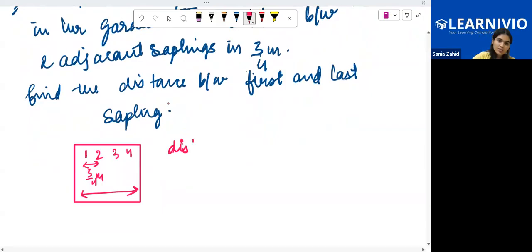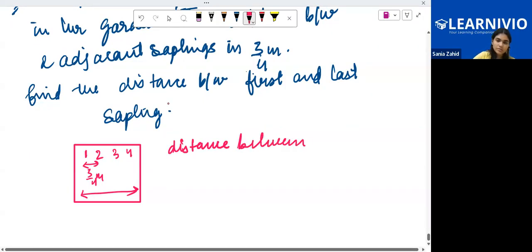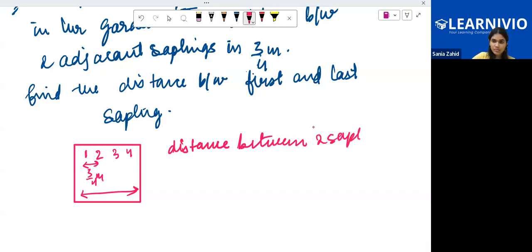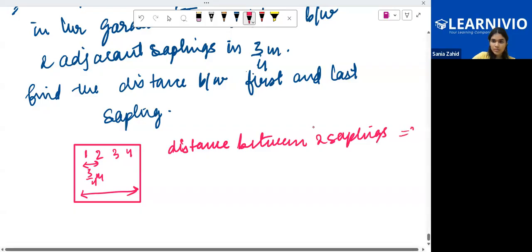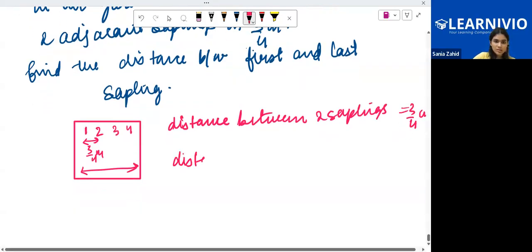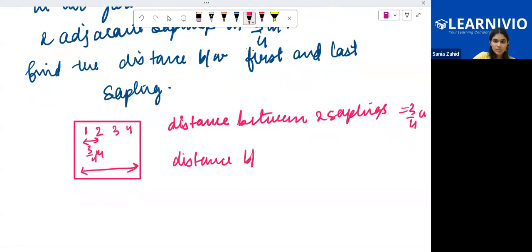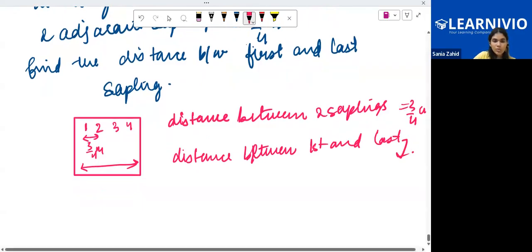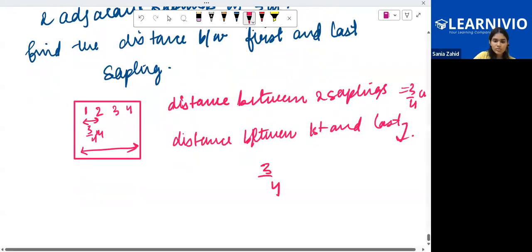So the distance between 2 saplings is 3 by 4 meters. Then the distance between first and last sapling will be, with what will you multiply 3 by 4?